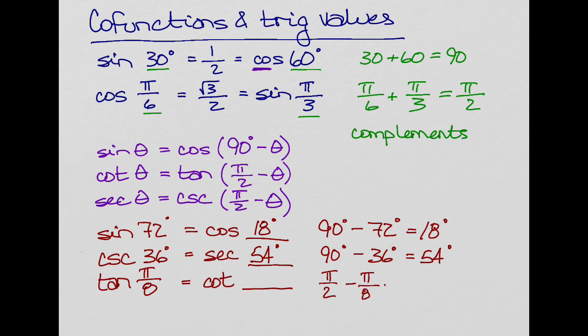Little common denominator action here, so that we can actually subtract them easily. 4 pi minus 1 pi is 3 pi with my common denominator. So the tangent of pi over 8 is the same as the cotangent of 3 pi over 8.